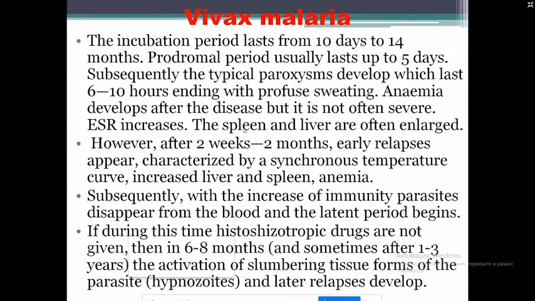Anemia develops after the disease, but it's not often severe. ESR increases. The spleen and liver are often enlarged. However, after 2 weeks to months, early relapses appear, characterized by a synchronous temperature curve, increased liver, spleen, and anemia.